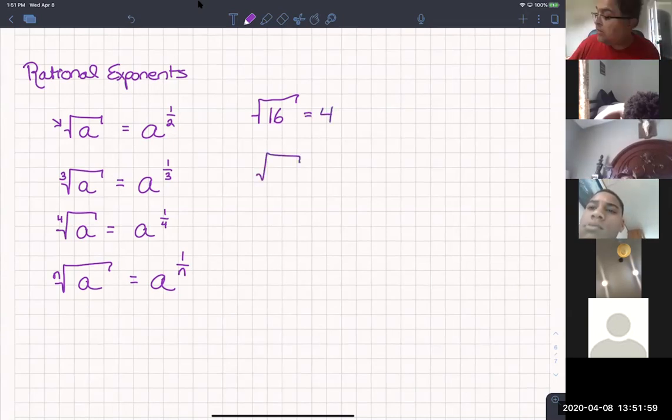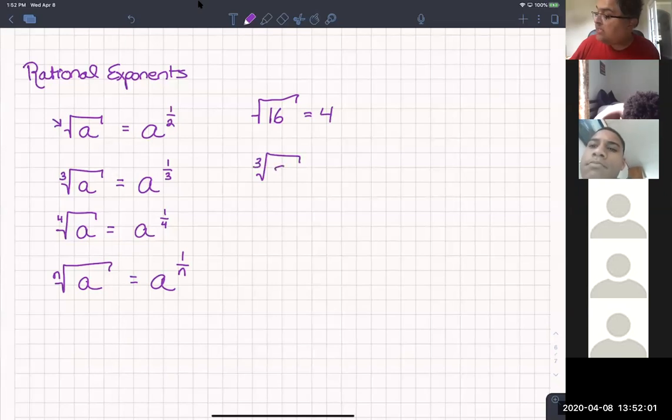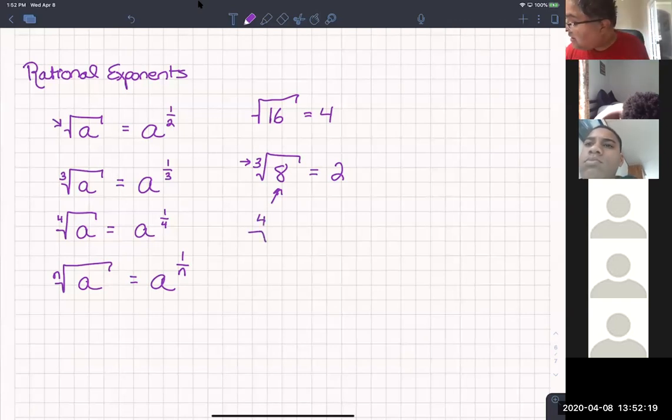The cube root of a number says what number multiplied by itself 3 times gives me 8. And this is 2, because 2 times 2 is 4, times 2 is 8. And likewise, the fourth root of a number says what number multiplied by itself 4 times gives me the number underneath the sign.